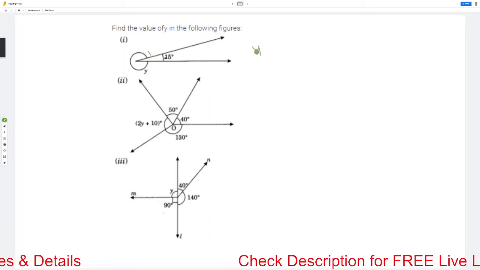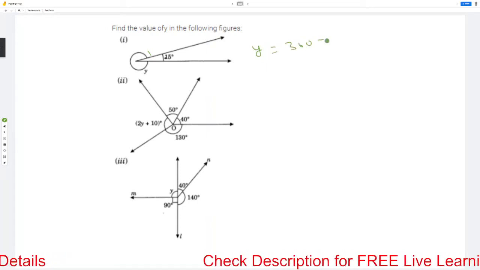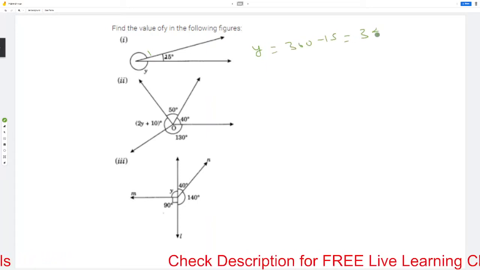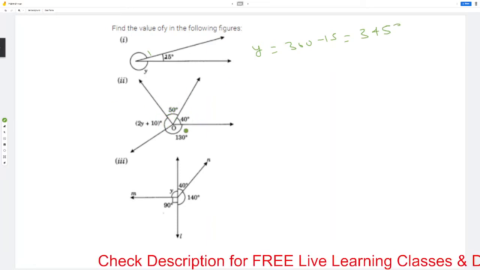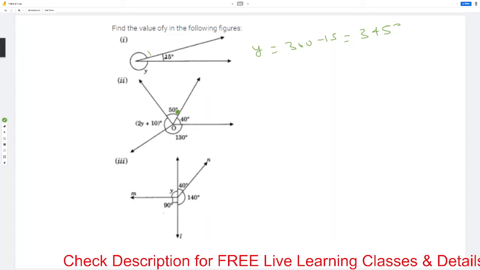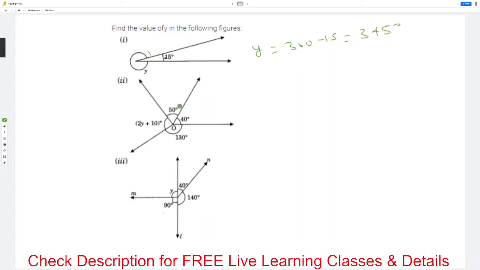As you can see in the first question, one angle is 15 and it is forming 360 degrees. So y equals 360 minus 15, which is 345 degrees. Now question number 2: it is also forming 360 degrees.